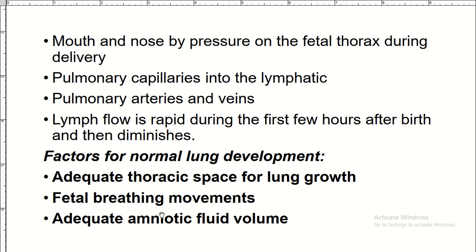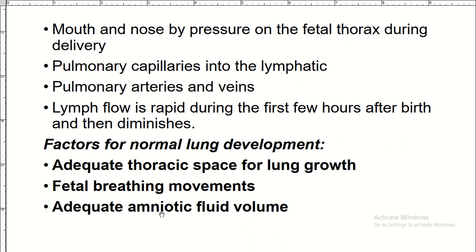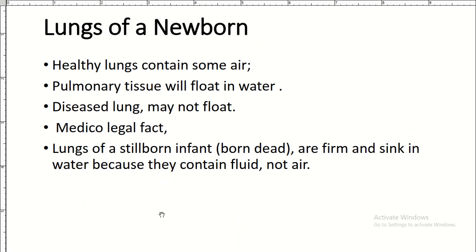And then your abdominal viscera get into your thorax. If there is limited space in the thoracic cavity, then we say that there is lung hypoplasia. So there is a failure of complete development of the lung because the thoracic space is limited. And then you need fetal breathing movement, and you need adequate amniotic fluid volume. Very important, right?